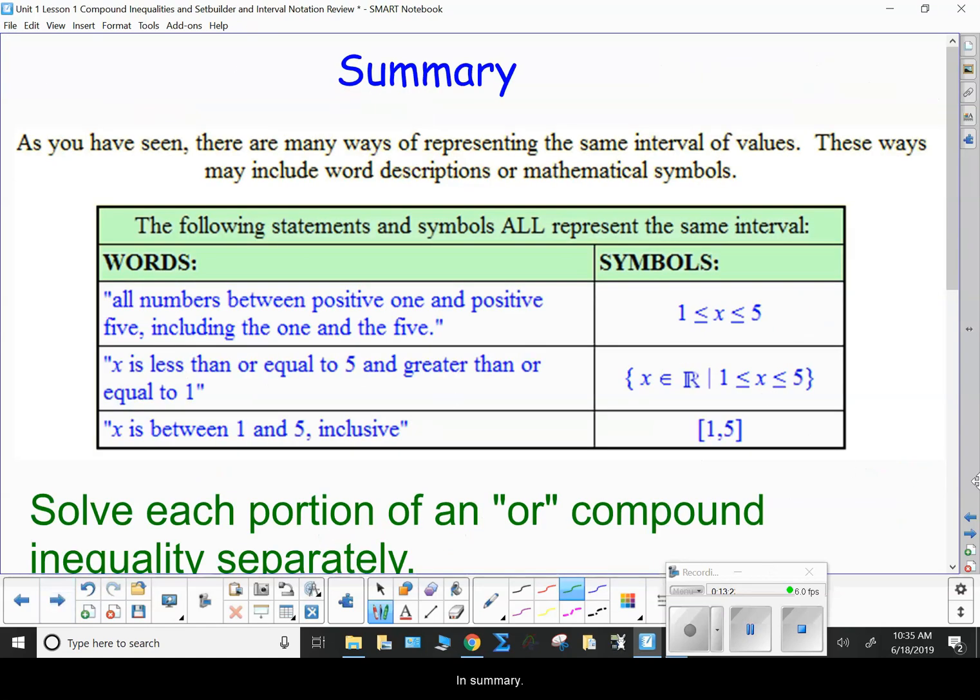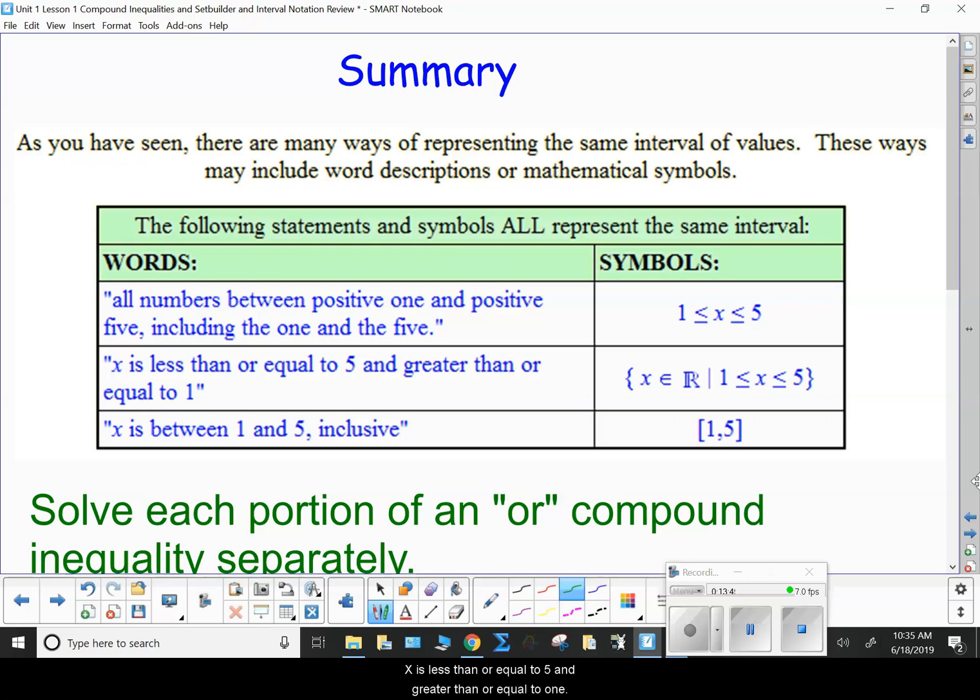Okay, in summary, you have seen there are many ways of representing the same interval of values. These ways may include word descriptions or mathematical symbols. The following statements and symbols all represent the same intervals. All numbers between +1 and +5, including the 1 and 5. 1 less than or equal to x, less than or equal to 5.